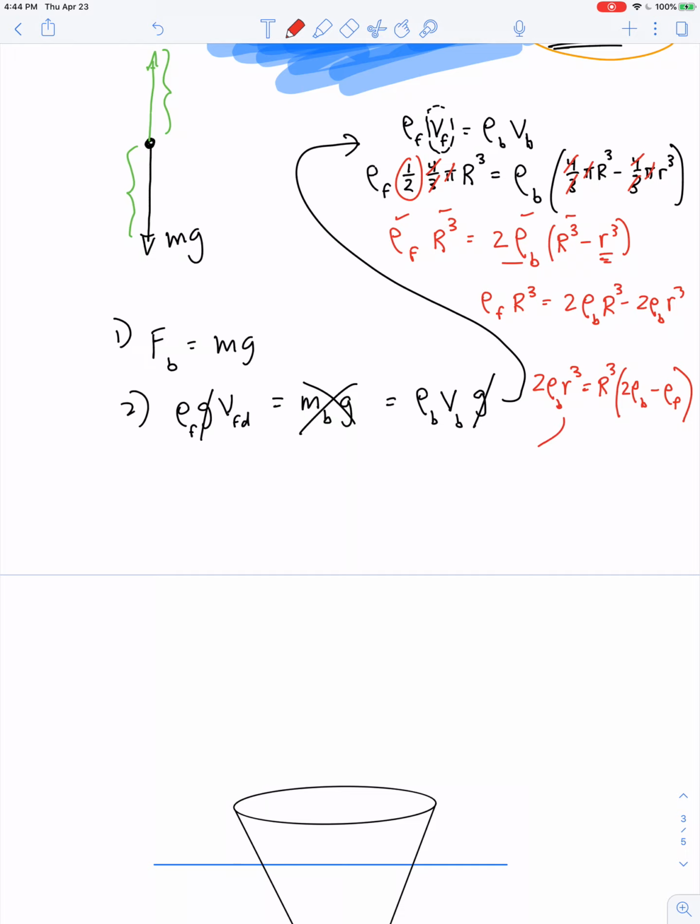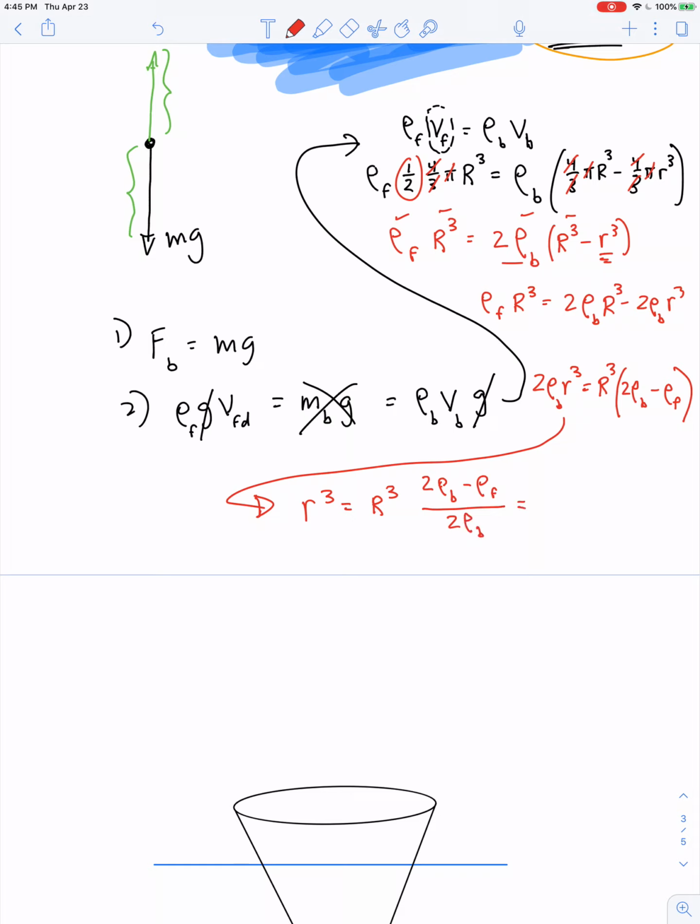So moving over here where we have room, little r cubed is equal to big R cubed times double the density of the buoy material minus the density of the fluid, all divided by 2 times the density of the buoy material.